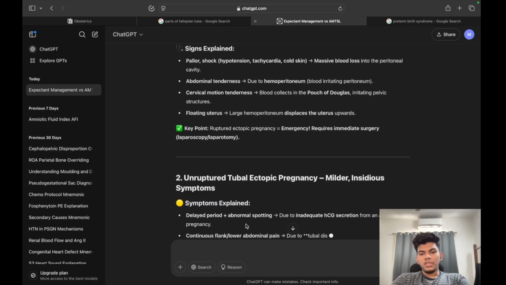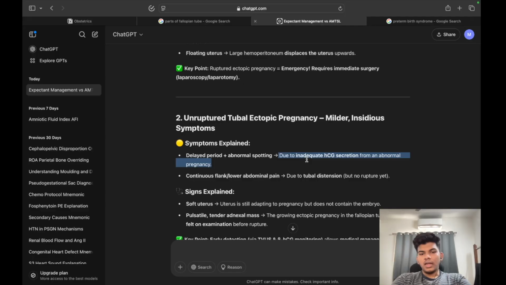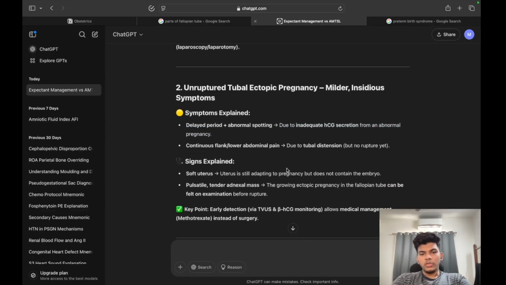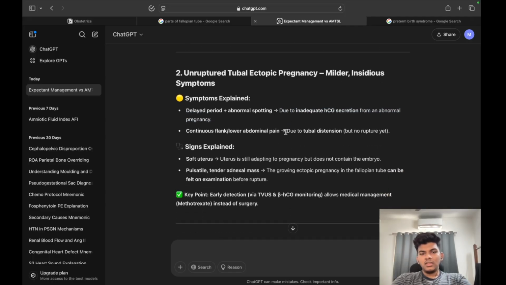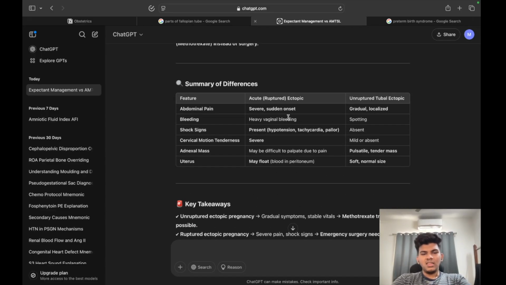But in unruptured, it's an abnormal pregnancy and inadequate HCG is produced, and there is impending rupture, not completely ruptured. The uterus is soft as it is still adapting, but it's an abnormal pregnancy. And the pulsatile tender mass is because the growing ectopic pregnancy in the fallopian tube can be felt on examination before the rupture. So these are the things.